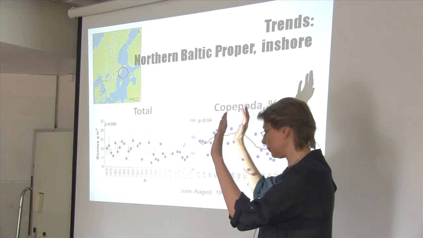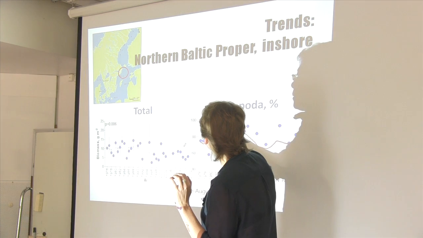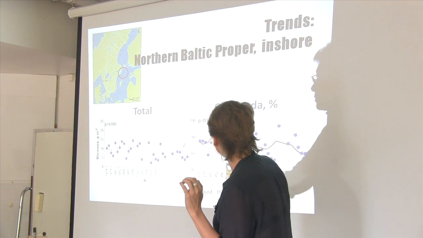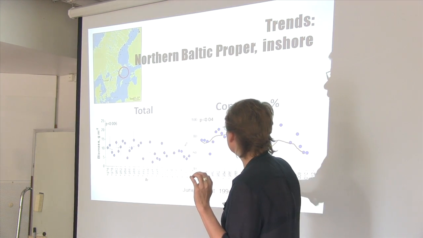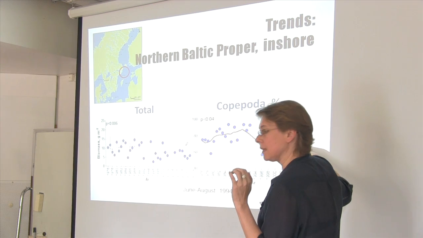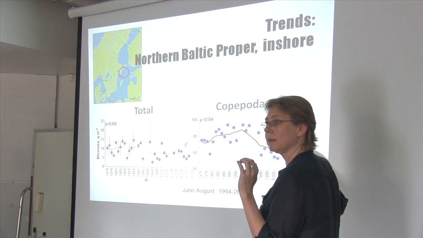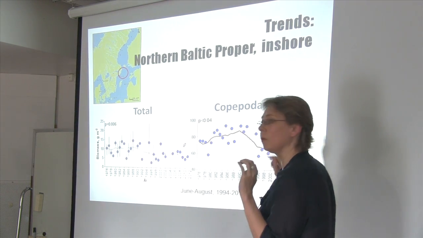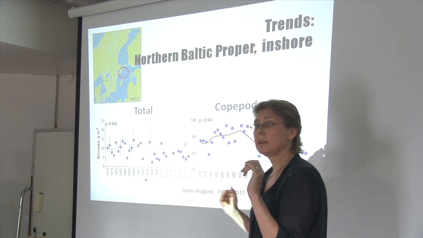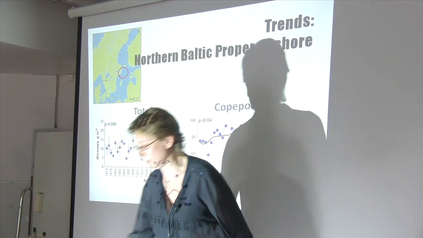If we think in numbers here, from about 90% of copepod biomass contributing in the 80s, now we have only 50% of copepod biomass contributing to total zooplankton, in the last basically 5-10 years. So this is a difference, 90% of the community or 50% of the community.